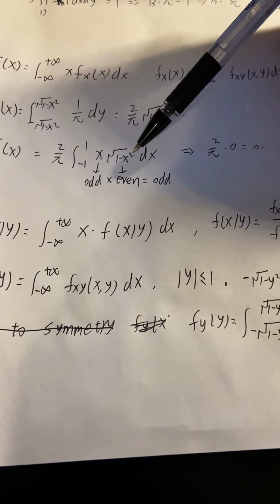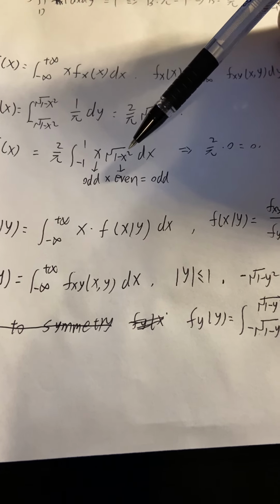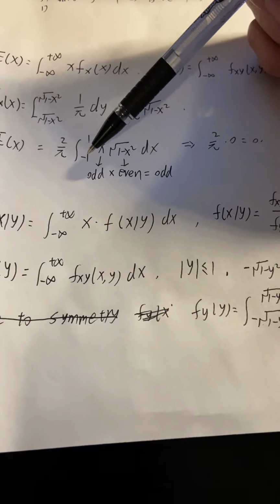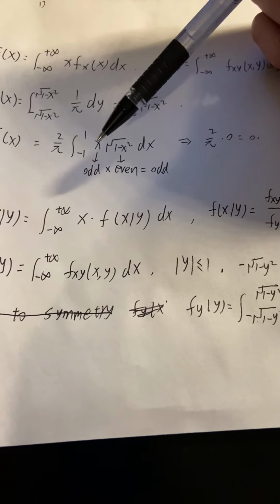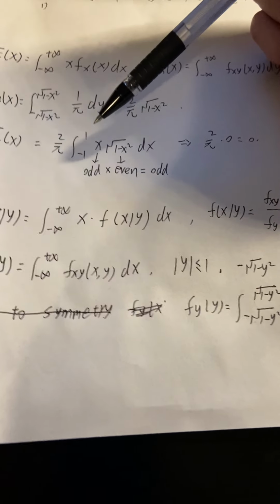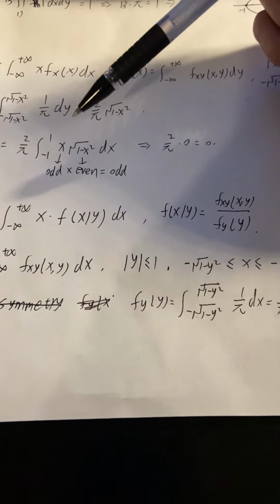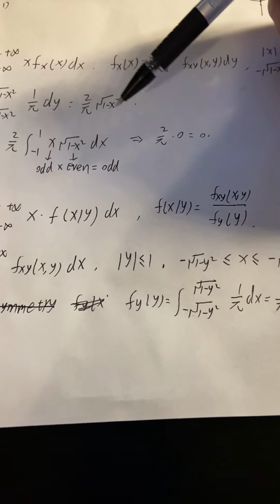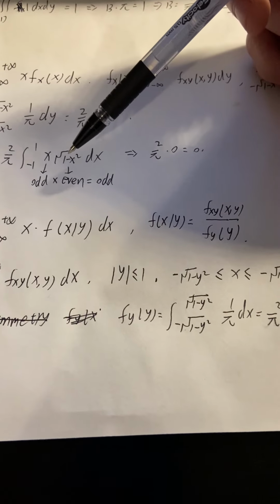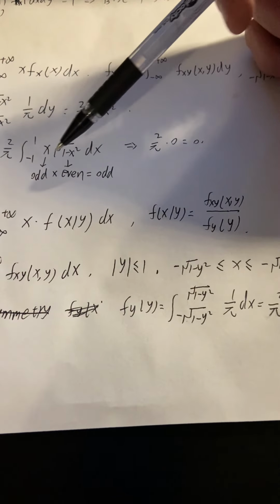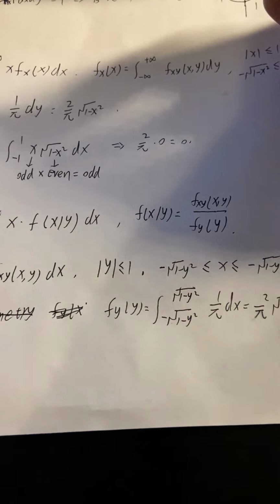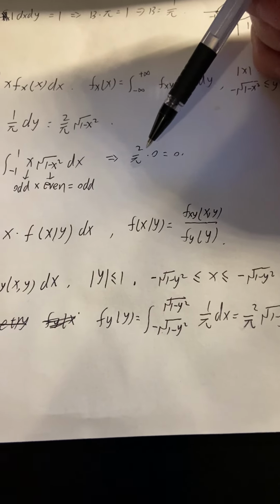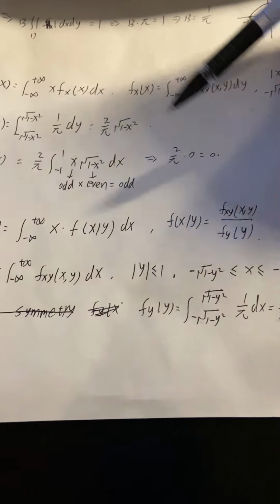This term is an odd function, and the lower bound is -1 and the upper bound is 1. So it's symmetric, and the integral of the odd function will be 0. So 2 divided by pi times 0, so the E of X is 0.